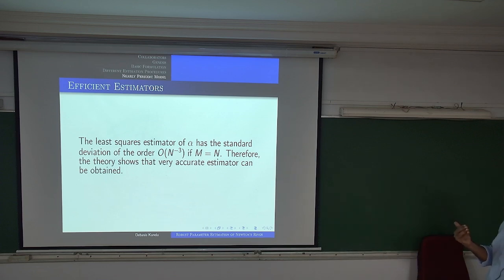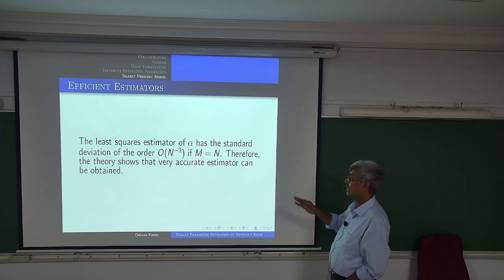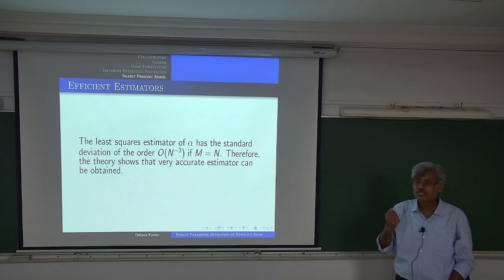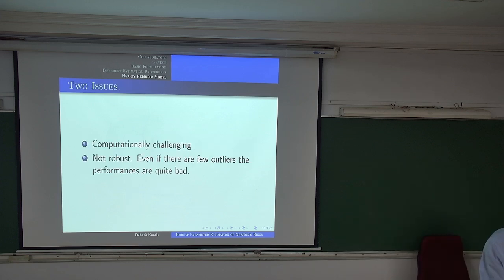So if you come up with any other estimator that is not that accurate, you know that you can improve it. How to improve it is a different thing, but you should know that you should be able to improve it. That is the reason the theoretical results help us search for something new. And the least squares is computationally challenging, and as I said, not robust.